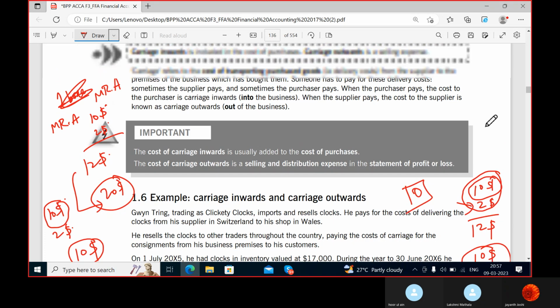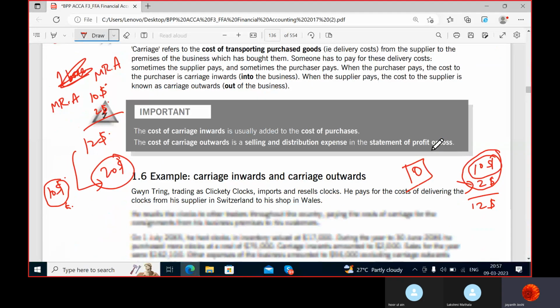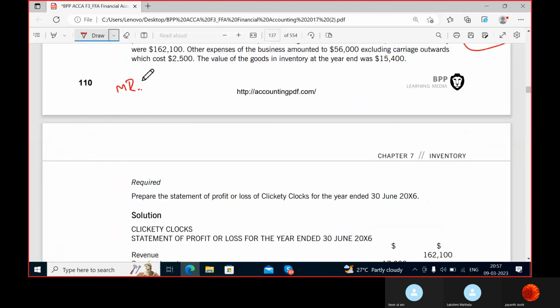Yes. So now the second point, carriage outwards is a selling expense. Of course. Now this is Mr. A, Mr. X, the wholesaler. So Mr. A has bought one box from Mr. X. And this box is with Mr. A in his godown.